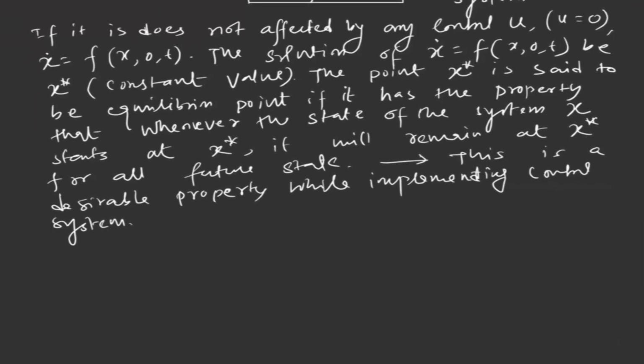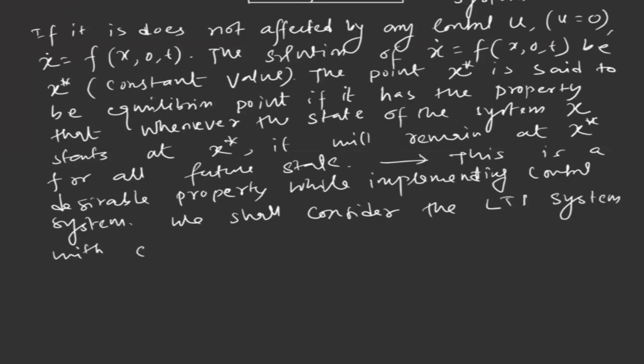Since the systems in this course are LTI systems, we can assume the equilibrium point is always zero. We shall consider the LTI system with the equilibrium point at the origin.